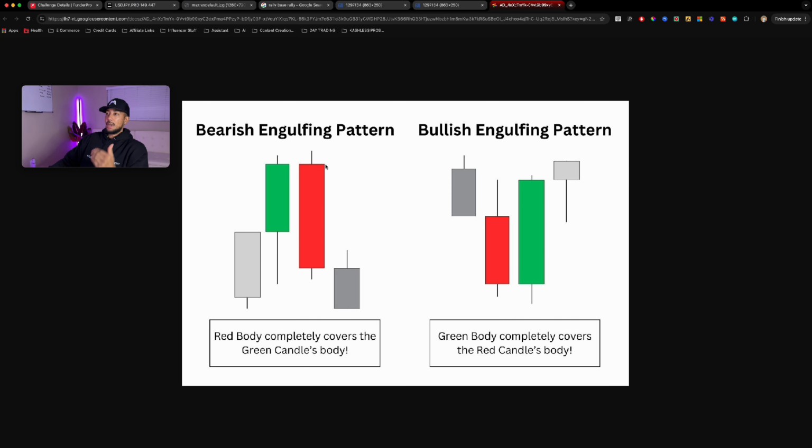If we're bearish, you want the bearish candle to engulf the last bullish candle, and vice versa. If we see a reversal to the upside, we want the bullish candle to engulf the previous bearish candle.